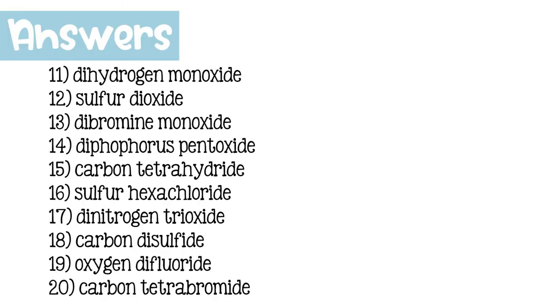Now let's see if we can go backwards. This should be easy. Dihydrogen is H2, monoxide is just 1 oxygen, H2O. Sulfur is S. Dioxide means 2 oxygens, or O2, so SO2. Now we're looking at dibromine, so Br2, and monoxide, so just 1 O. And we are left with Br2O.